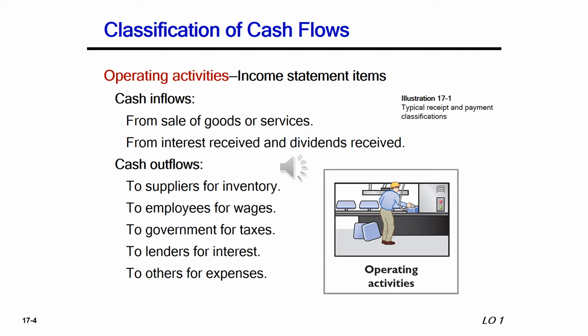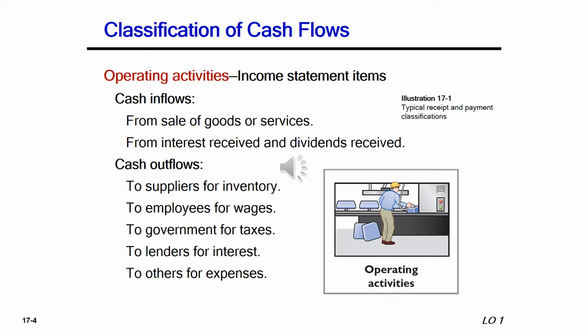Let's start with the operating activities first. On the operating activities, as we mentioned, we can see income statement items, and those, of course, are broken into two groups: the inflows and the outflows. In the cash inflows, we're going to see inflows generated from sales of goods or services, and from interest and dividends received by the company.